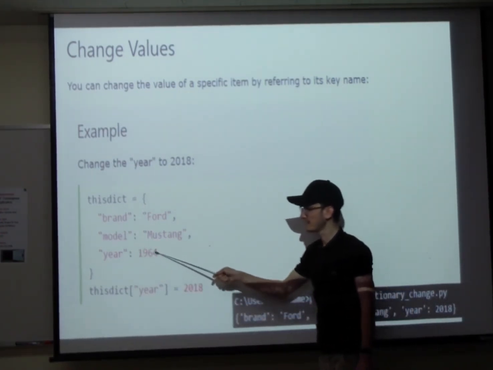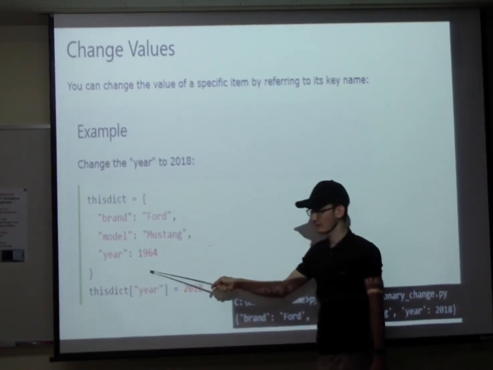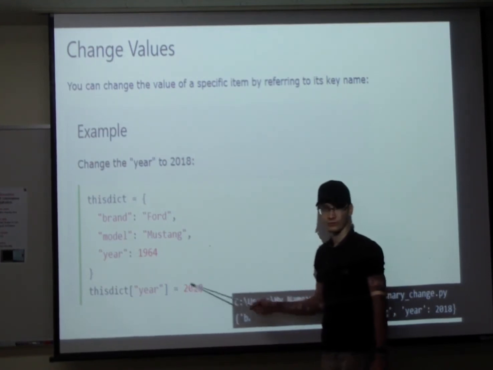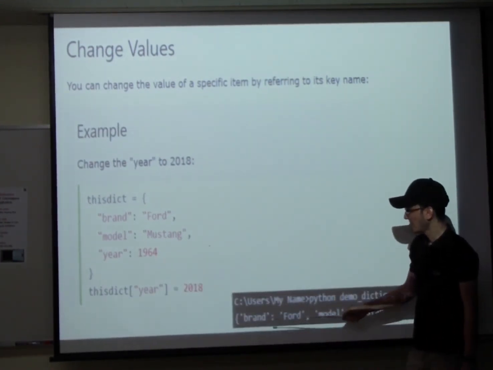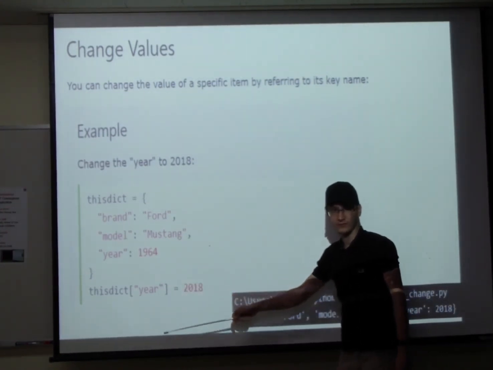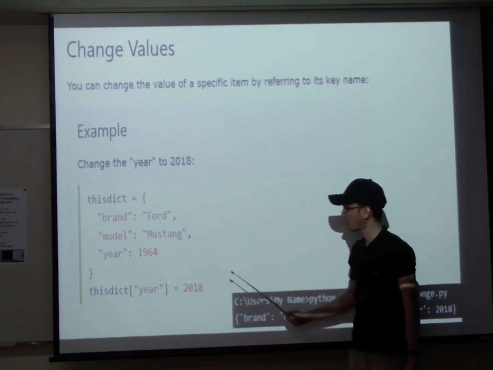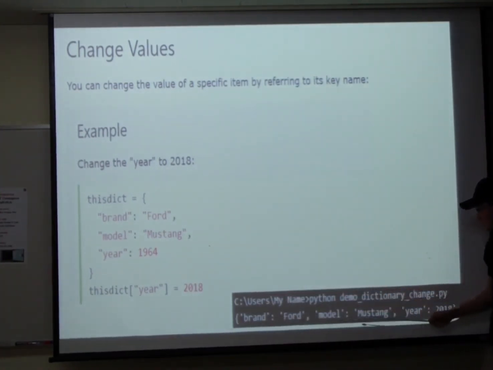Now the old value will be deleted and our new value will be added. And below all of this code we are printing our dictionary. Now we will have this result: brand Ford, model Mustang, year 2018, not 1964.